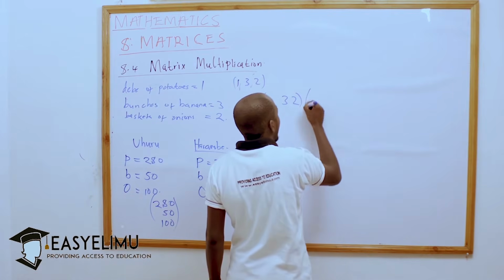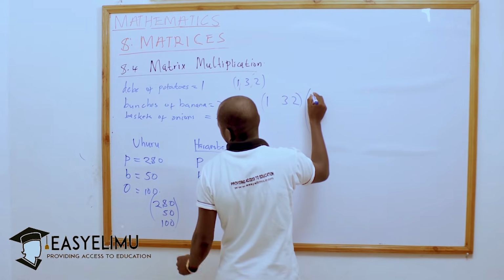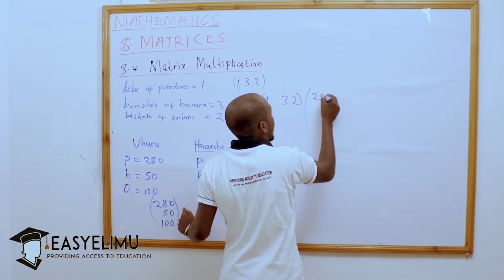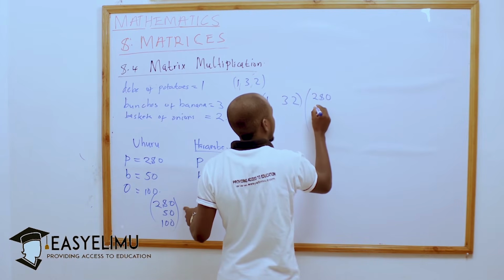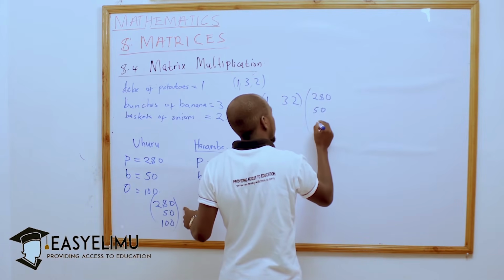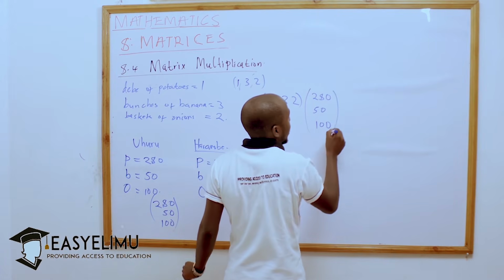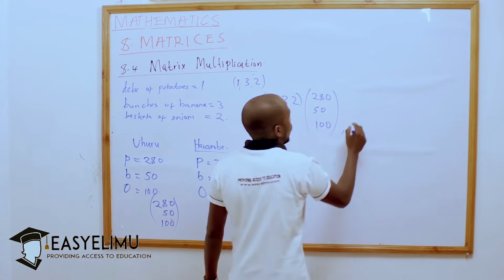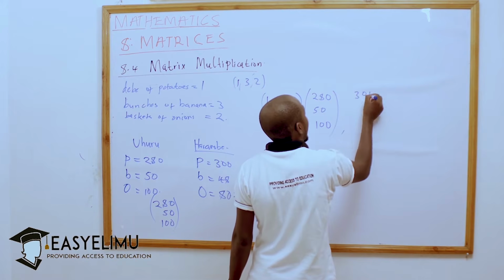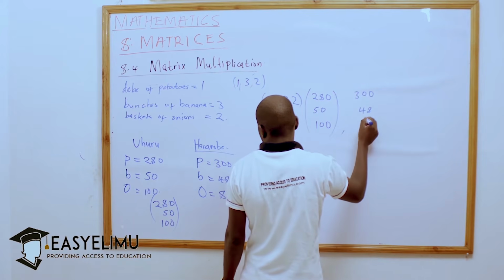Then the first column matrix, let it represent the prices at Uhuru market, and we shall have another one, which will be the prices at Harambee market.